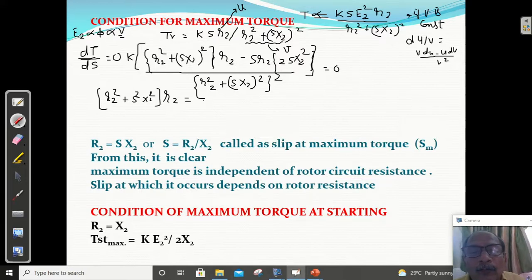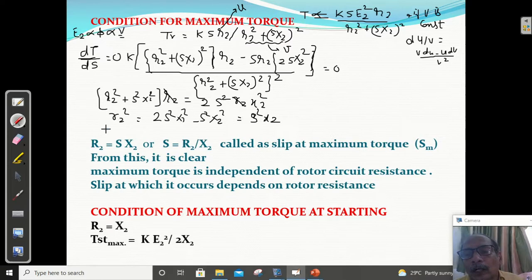The second term equals 2s square R2 x2 square. So this R2 and this R2 will be cancelled. So R2 square equals, when this term goes to the other side it becomes minus, so 2s square x2 square minus s square x2 square, you will get s square x2 square.